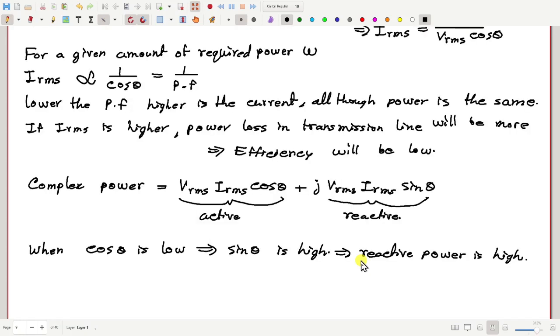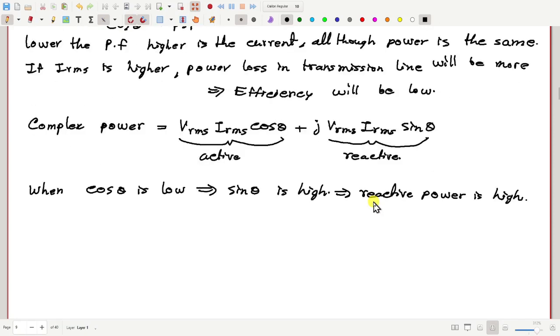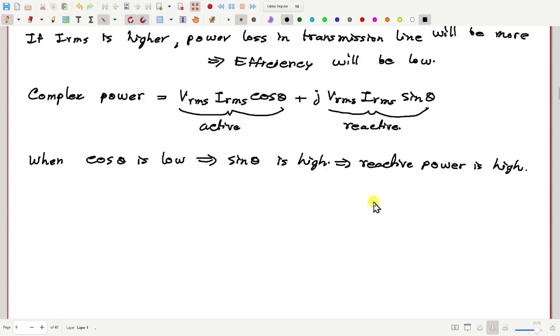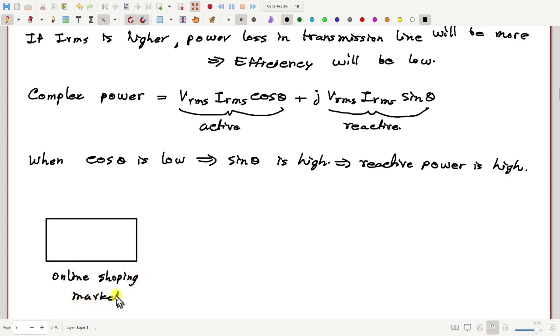Now this situation is analogous to the following. Suppose there is some online shopping agency, an online shopping market, and here I am the consumer.